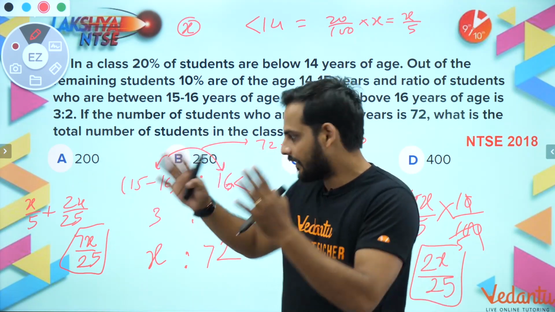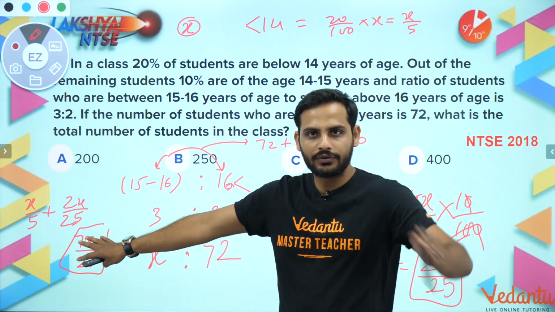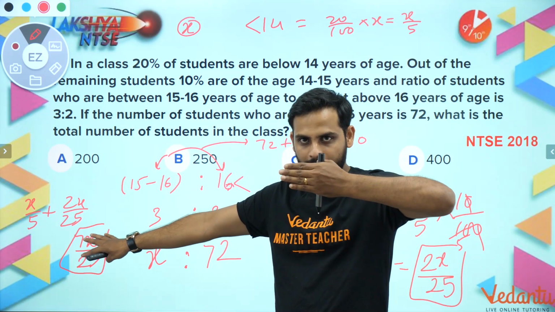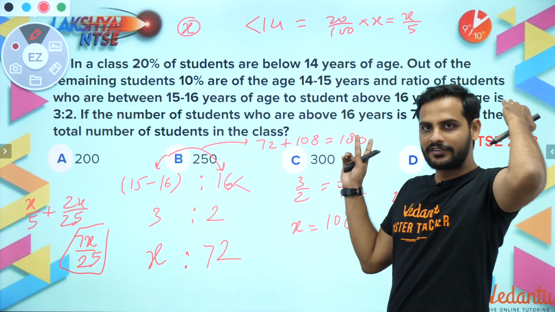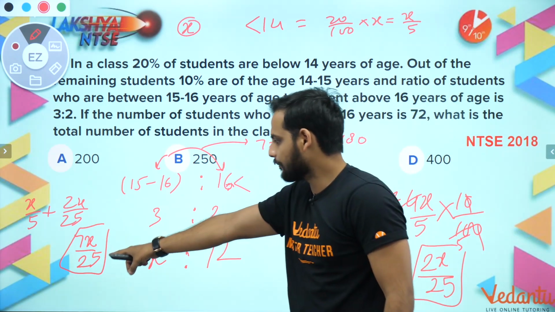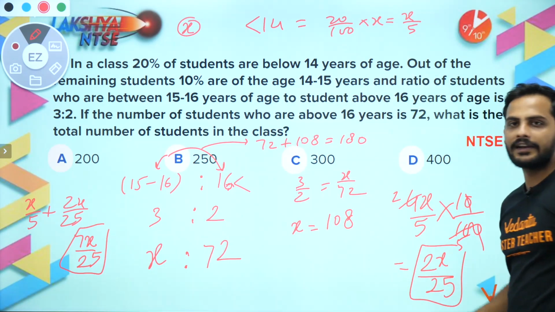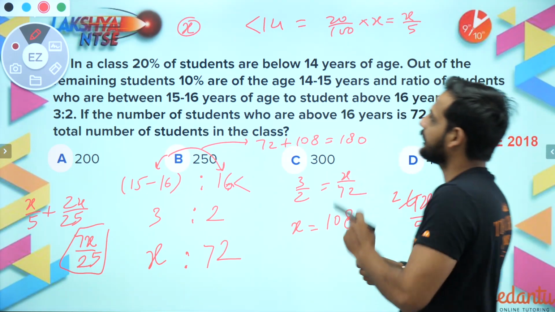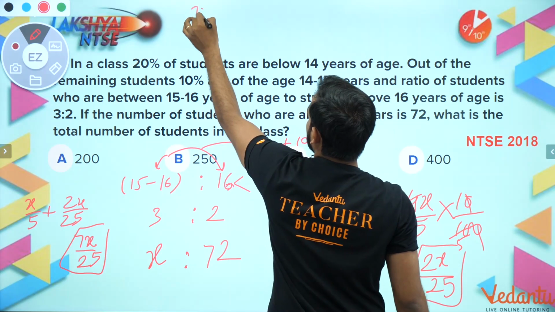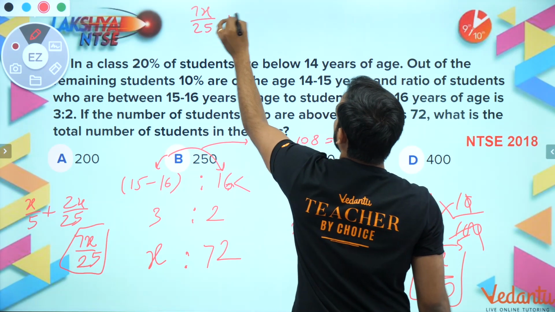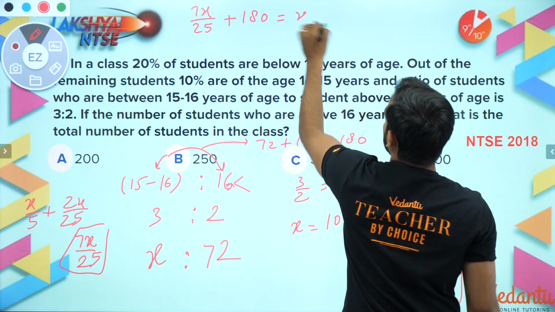Okay, these 7x by 25 are less than 14 and 14 to 15, and 180 are 15 to 16 and more than 16. So I can say that 7x by 25 and this 180, if I add, I should get x, because x is the total number of students. So 7x by 25 plus 180 should be equal to x.